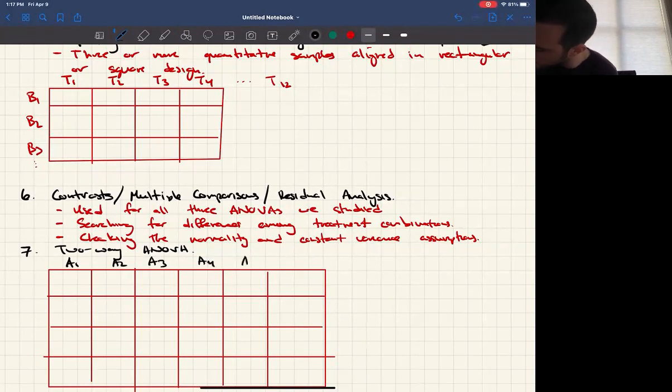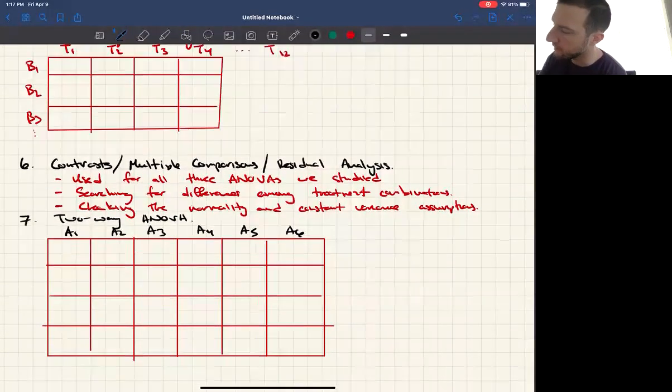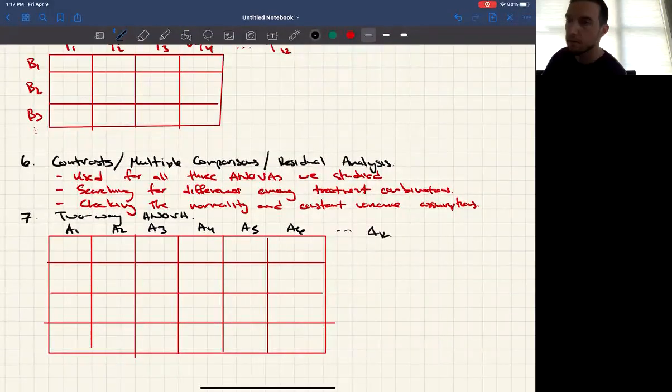So let's say that A runs across the top. So we're going to have A with 6 levels, but it can also have up to little a levels as we defined it before. And then you have B1, B2, B3, B4, all the way up to little b.